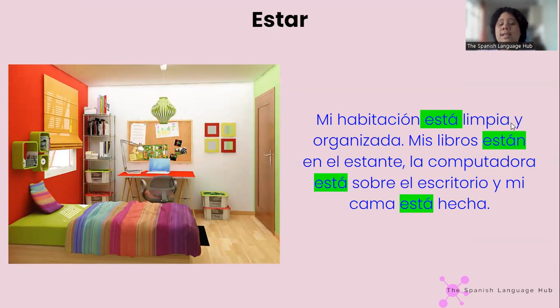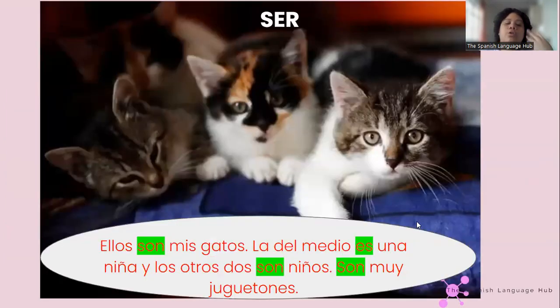So, my room is clean and organized. My books are on the shelf. La computadora, the computer is on the desk and my bed is made. Right? That's the state of the room right now, at the moment that I took the picture.